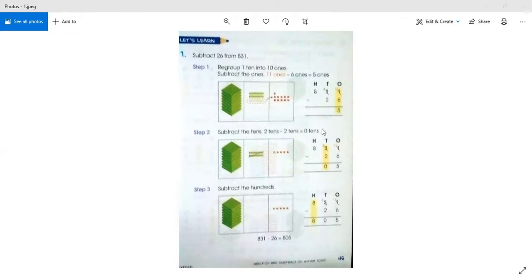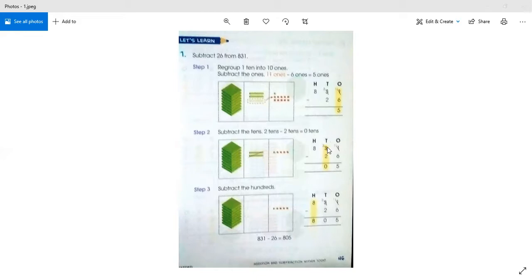Now second step. In second step we will subtract tens. Tens कितने होंगे? Three and 2, right? And we have borrowed, so this is not 3, this is 2.